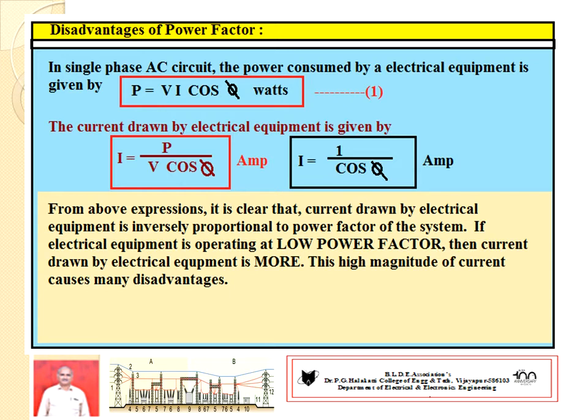So if the electrical equipment operates with the higher power factor, then current drawn by the electrical equipment is as per its design. But due to some reasons, if the power factor is low, then the electrical equipment will draw more current than designed or than when it was new.